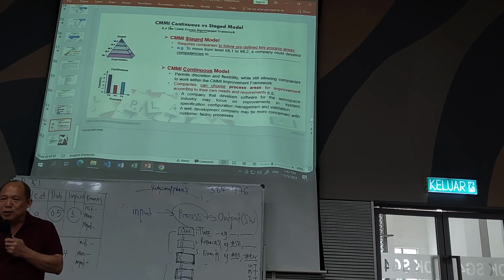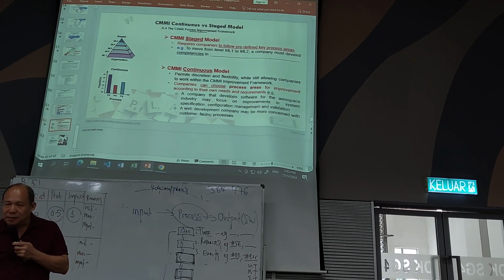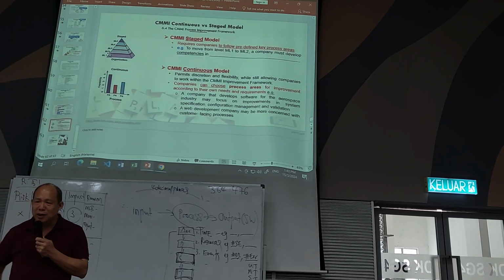Okay, so CMMI continuous versus staged model. This is the staged model. Level 1, level 2, level 3, level 4, level 5. Five levels. Highest is level 5, lowest is level 1.